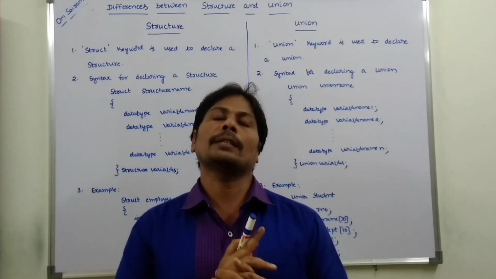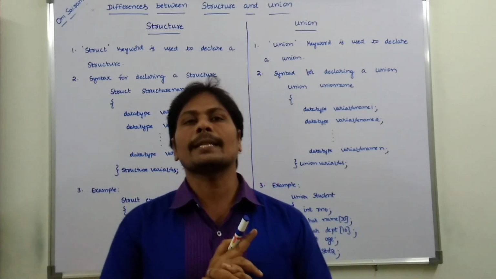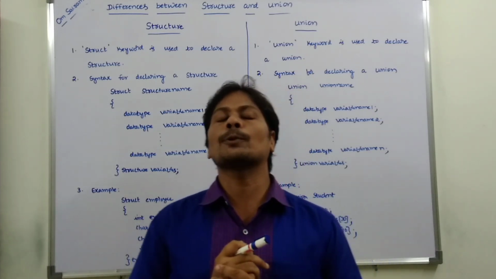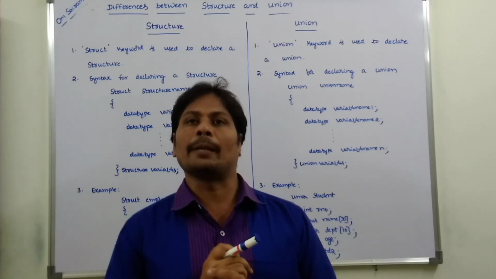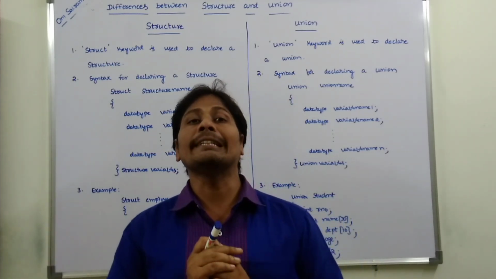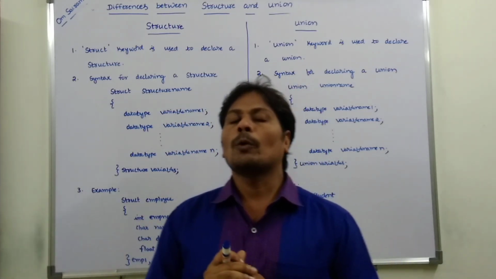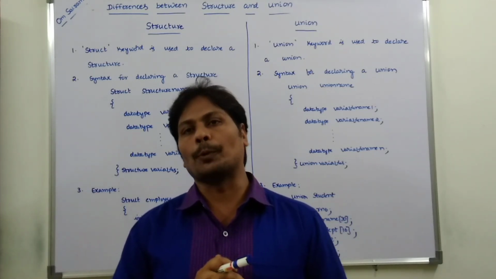Structure is used for storing heterogeneous data type elements, and union is also used for storing heterogeneous data type elements. Both structure and union are derived data types. Now we go for differences between structure and union.